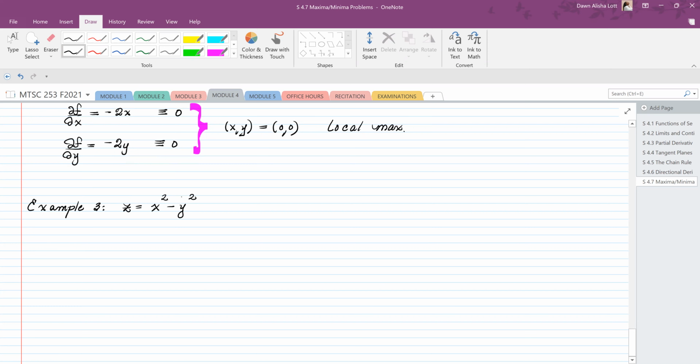Okay, so this is the case where this is the hyperbolic paraboloid. Okay, so if you remember the hyperbolic paraboloid, we get all kinds of things.